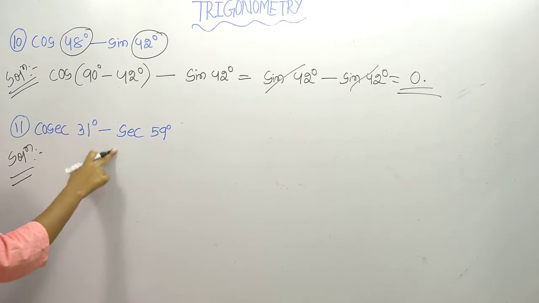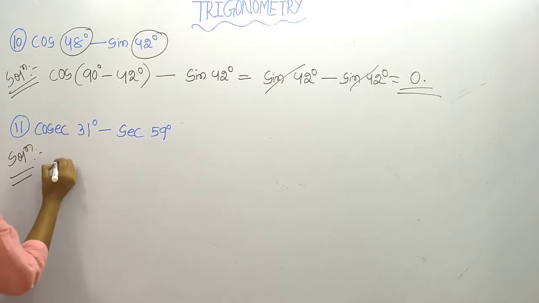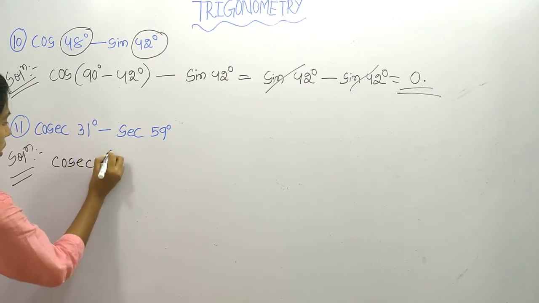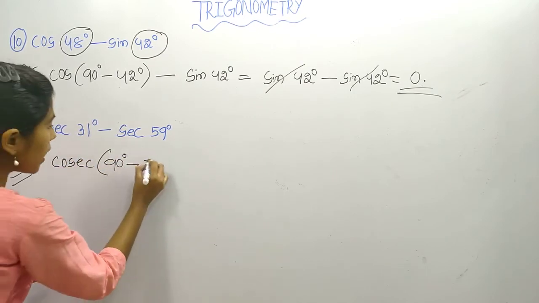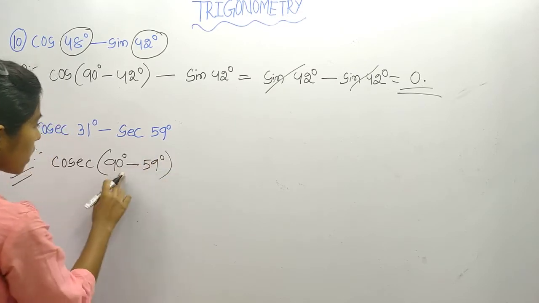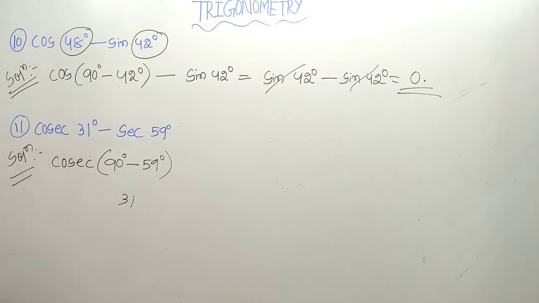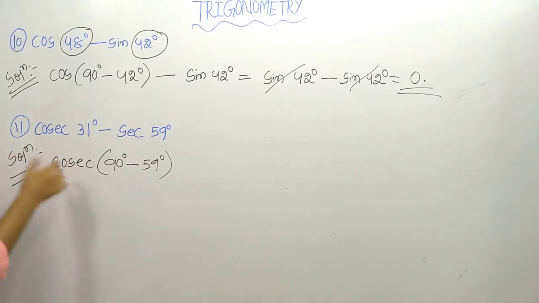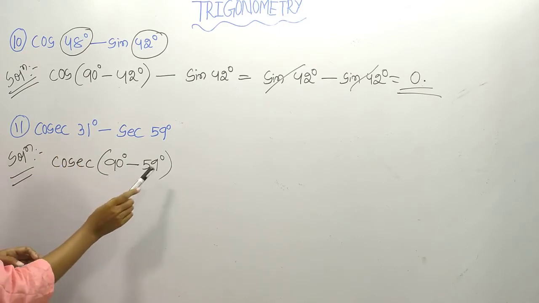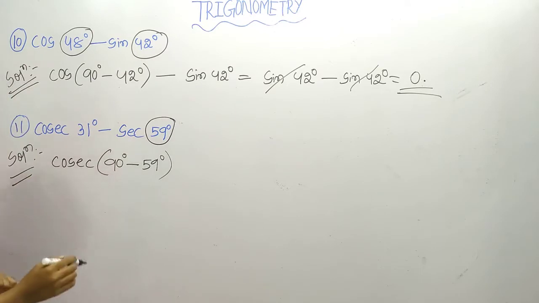Next question. What is given? Cosec 31 degrees minus sec 59 degrees. So cosec of 90 degrees minus 59 degrees. You can check: 90 minus 59 is 31 degrees. So instead of 31 degrees we have written 90 minus 59 degrees, because here we need 59 degrees.